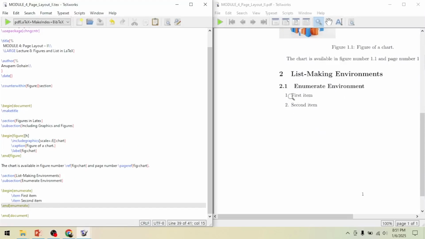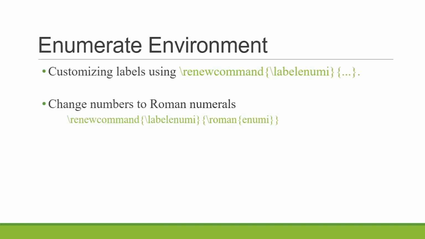And as you see, there is an ordered list starting with numbering 1 and 2 for first item and second item. In LaTeX, you can customize the labels of an ordered list using the \renewcommand command. For example, to change the default numbers to Roman numerals, you would use the following command: \renewcommand, curly braces, \labelenumi equals \roman in parentheses enumi.